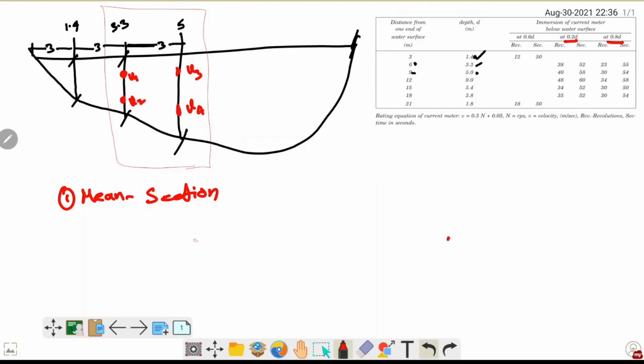The calculation is going to be, let me draw this strip here. This is going to be our strip. The velocity is available at these 4 points.